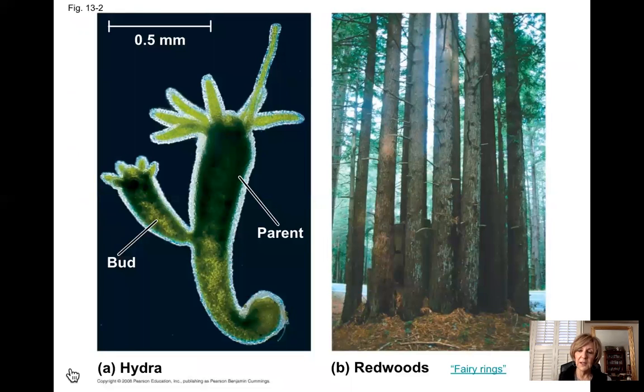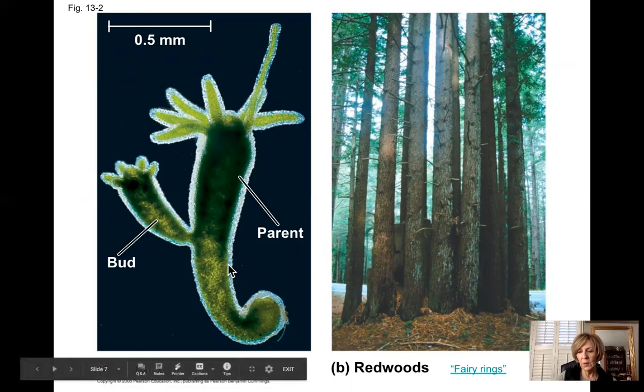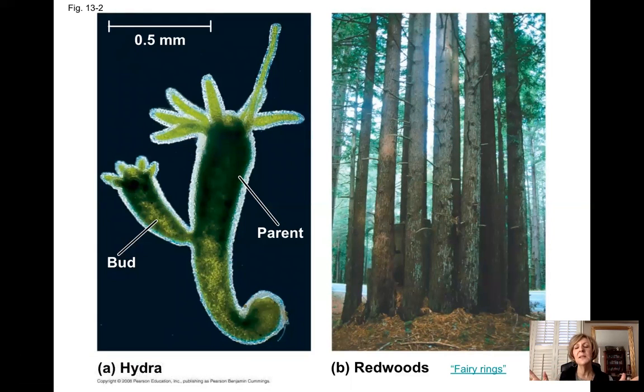So let's take a look at some organisms that we know that reproduce asexually. You might remember when you were a freshman in bio, you might have looked at these little hydra, which are very simple animals in the jellyfish category, and they can reproduce asexually by budding. Here are some beautiful redwood trees that we know can reproduce asexually by the roots of the parent tree, which you can see in the center here, sending out, in a way, underground budding to produce these little rings of trees that are called fairy rings.